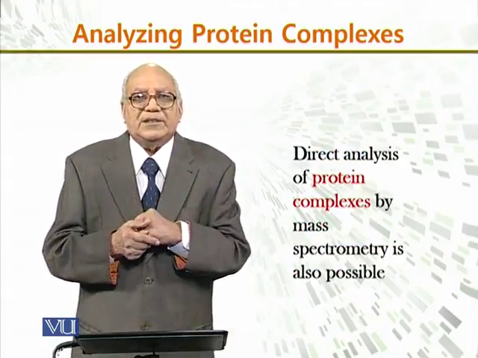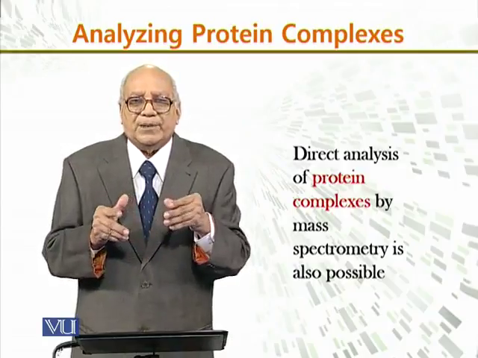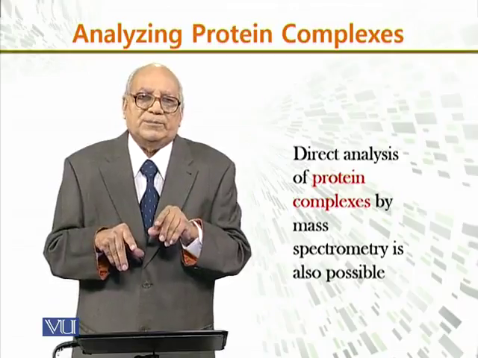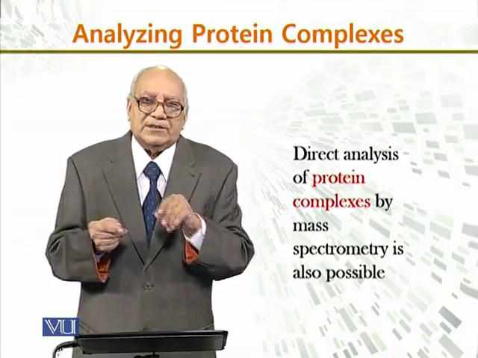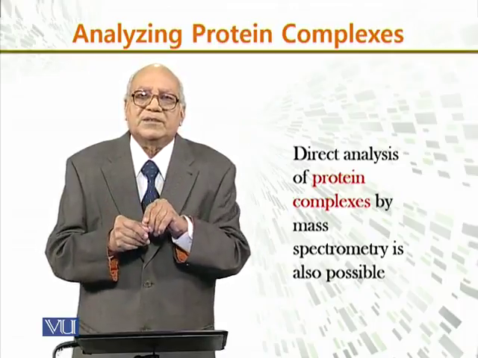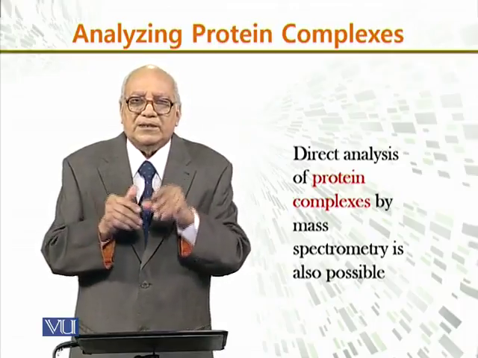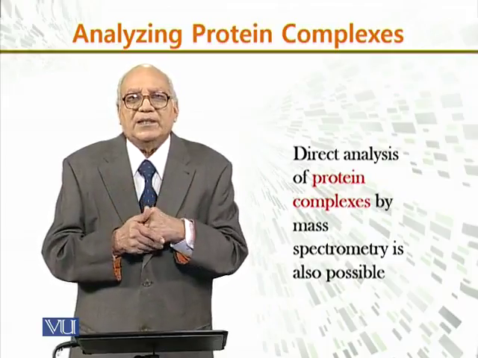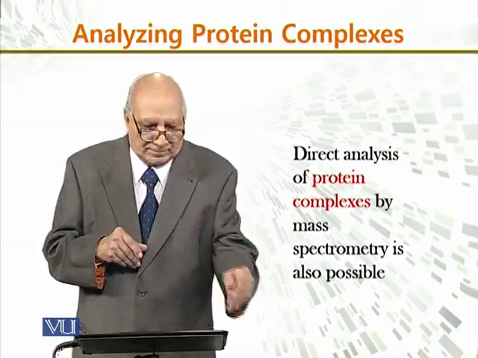Now, direct analysis of protein complexes by mass spectrometry is also possible. As previously said, it can be done by the plasmon resonance method as well, but direct analysis can also be done by mass spectrometry.